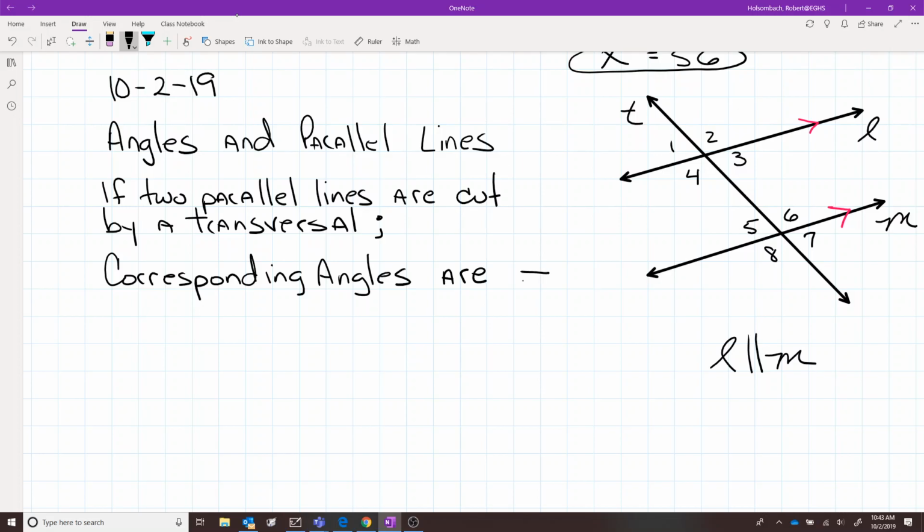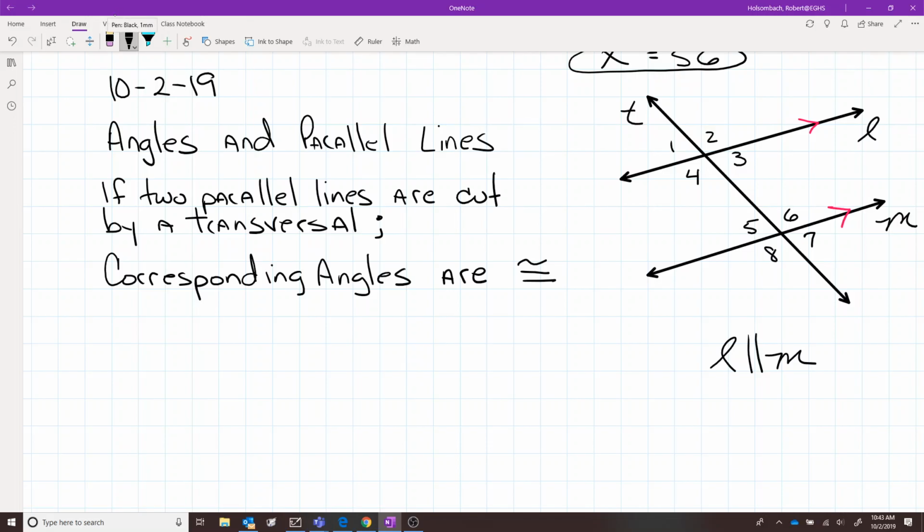And here's the symbol for congruent, the equal sign with a squiggly line over the top. Corresponding angles are congruent. Corresponding means that the angles hold the same position in their respective group of angles.